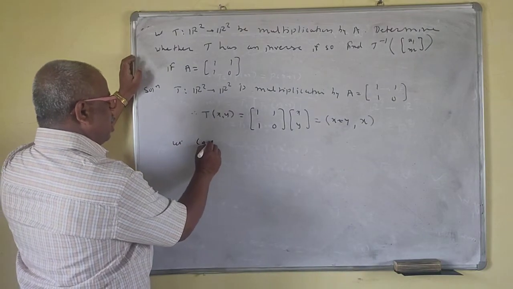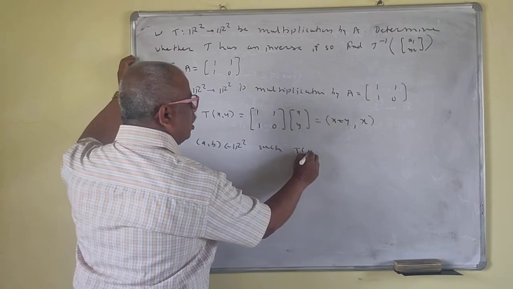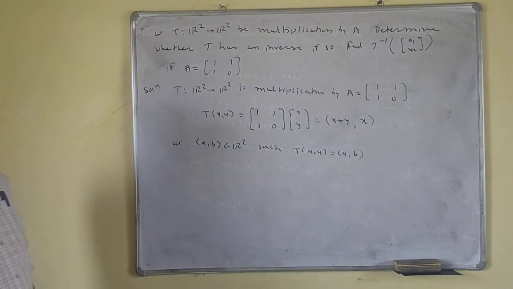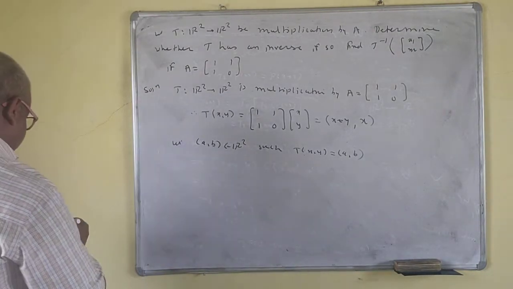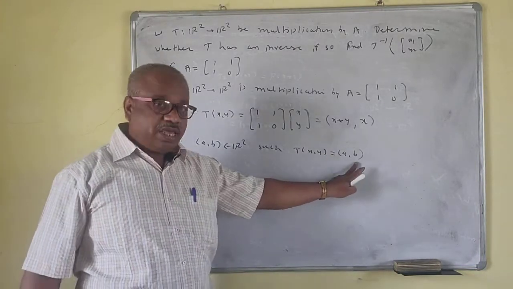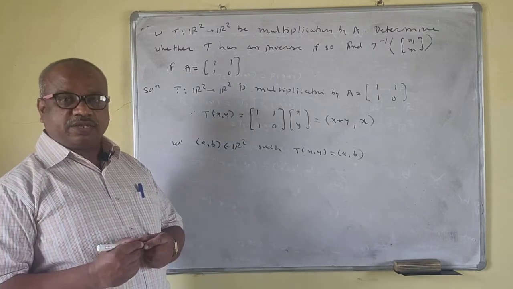Let (a, b) belong to R2 such that T of (x, y) is equal to (a, b). So what we have to check is whether you can find (x, y) in terms of (a, b).